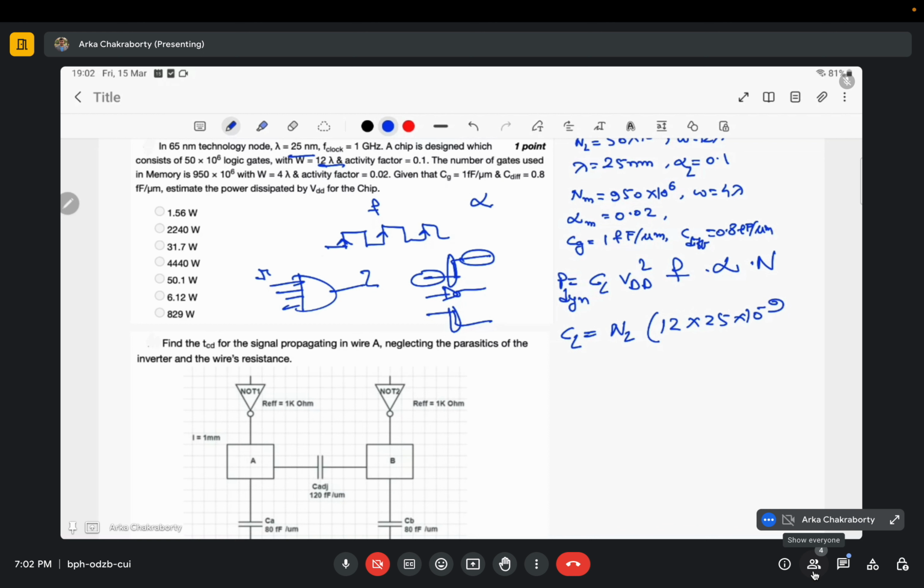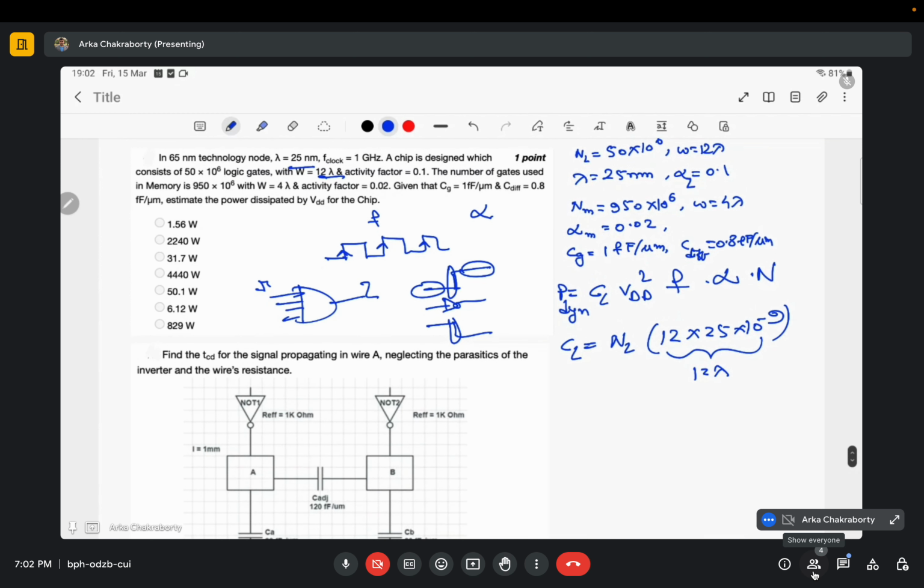This is basically my 12 lambda. And then Cg and C diffusion would come into picture.